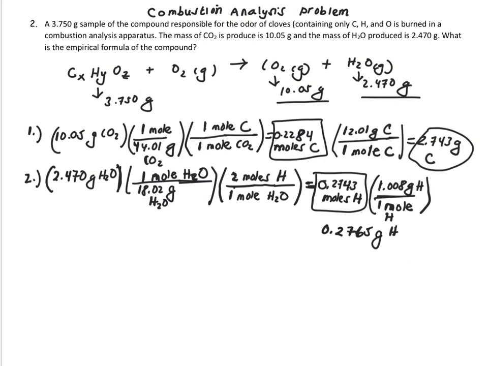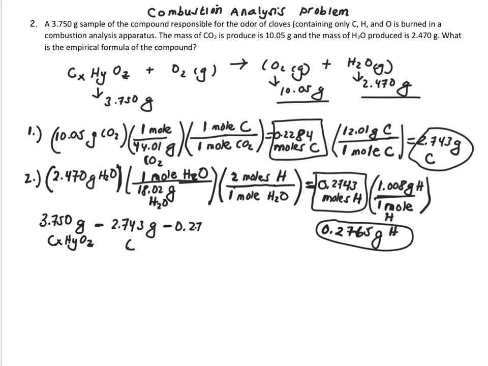Now we can determine the amount of oxygen if we take our total amount of sample minus the grams of carbon minus the grams of hydrogen, and so that will equal the amount of oxygen that we have, which is 0.7305 grams of oxygen.